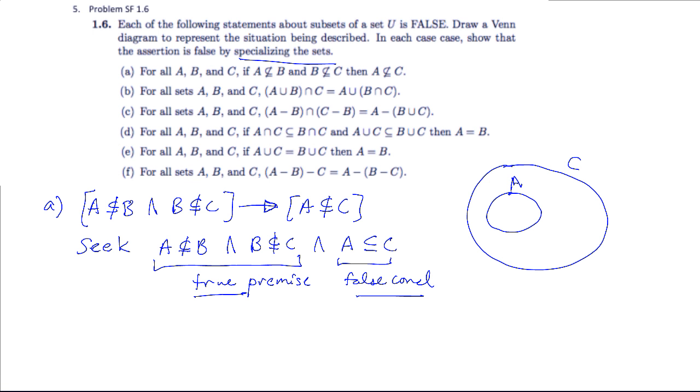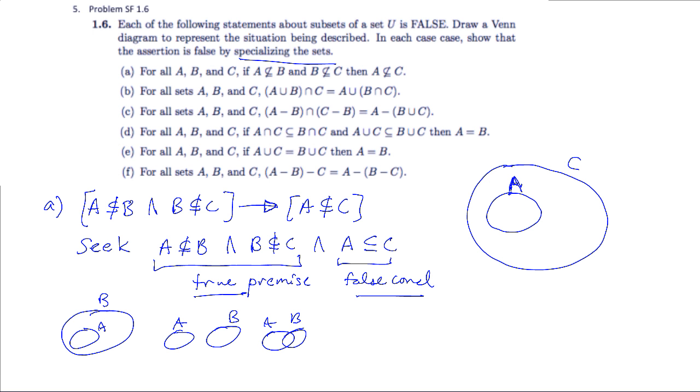Now I've specialized the sets so that A is a subset of C. Now I want to make it so that A is not a subset of B. That means that A is not completely contained within B. And so I can't have this situation. So I have to have either A is on the outside of B or A and B are overlapping, right?